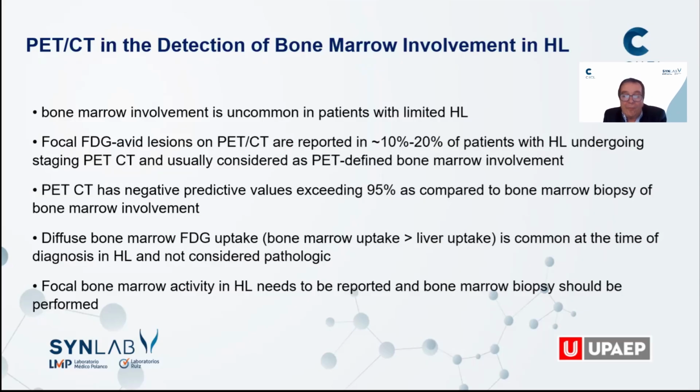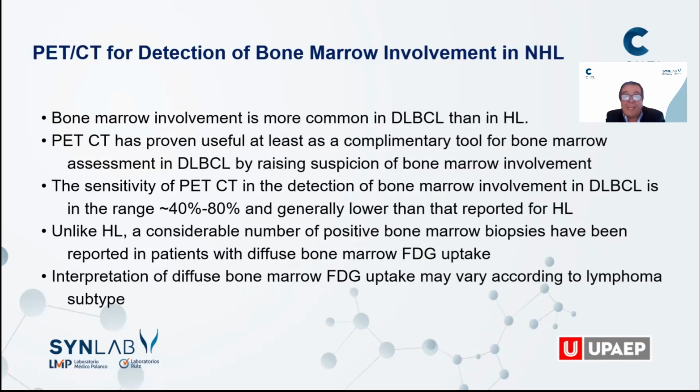In Hodgkin lymphoma, bone marrow involvement is not very common and ranges from about 10 to 20%. PET in this lymphoma has a very high negative predictive value, up to 95%.